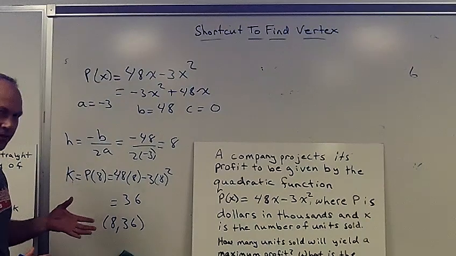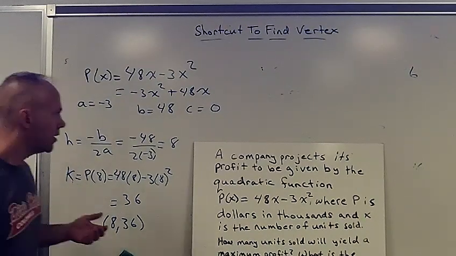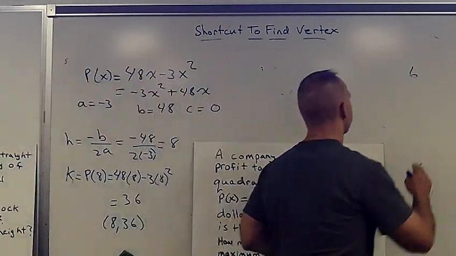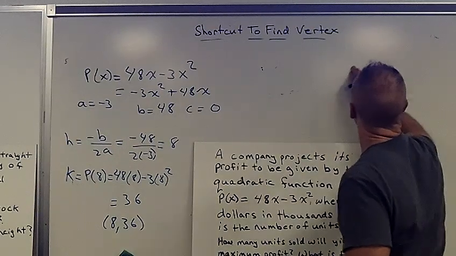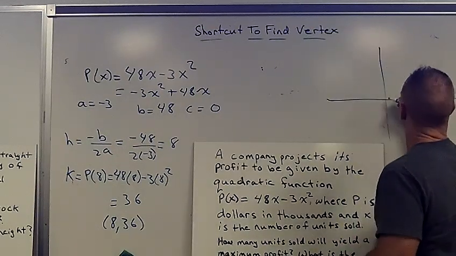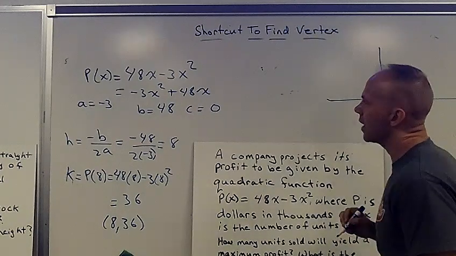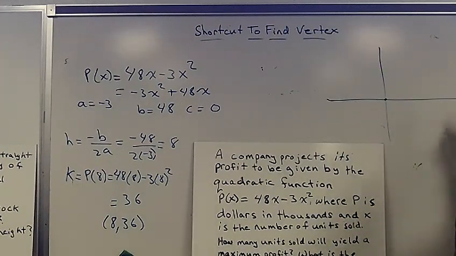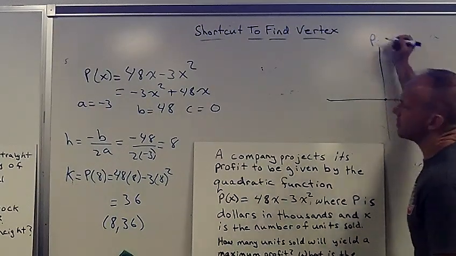Let's kind of make sense of this graphically. Now, we don't know a whole lot about sketching parabolas, but I do know a couple things. X represents the number of units. P represents the profit.